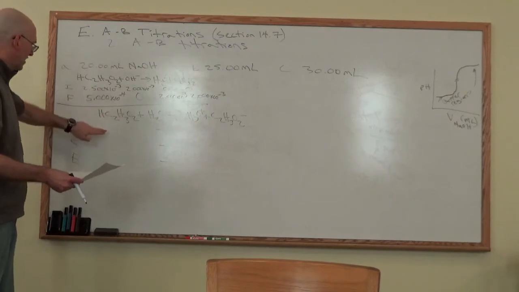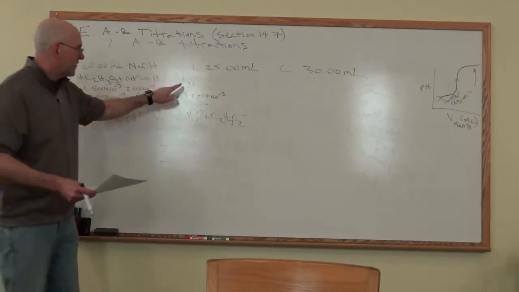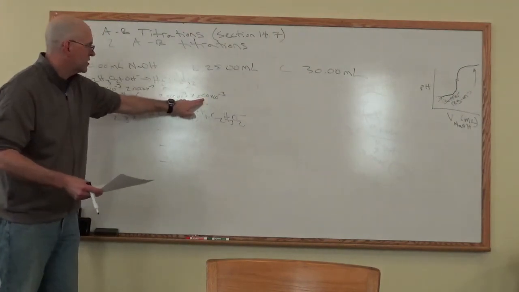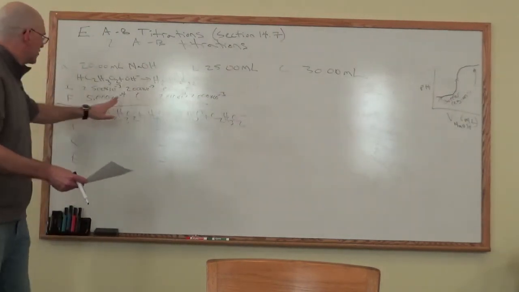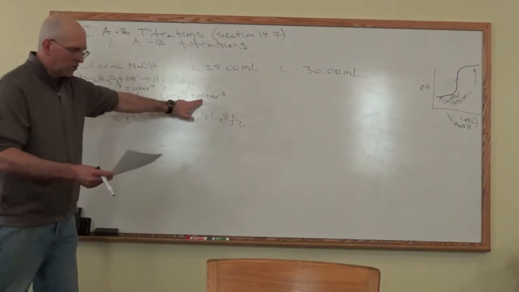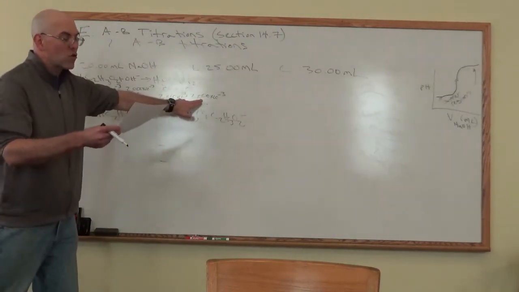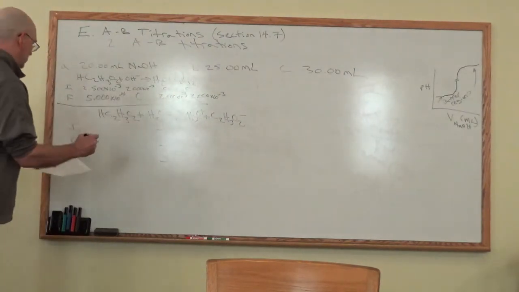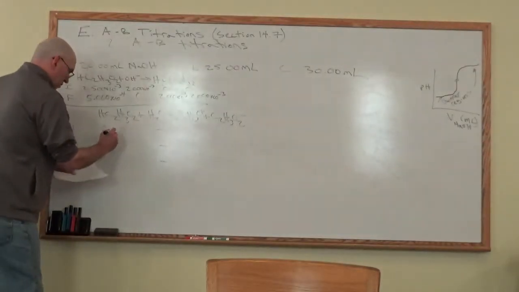We have to convert this into a molarity, and this as well, because we generated some acetate ion. So you take these moles and turn them into molarities, and you should get 0.011.